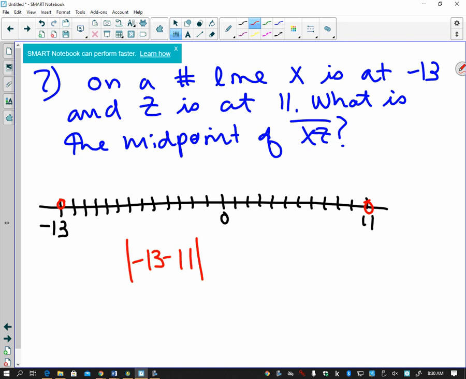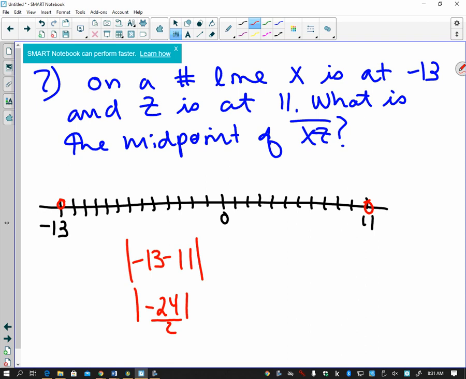Negative 13 minus 11, what is that? Negative 24. What's the absolute value of negative 24? 24. Does that work? Divide by 2. So you're dividing that by 2 and you're getting what? 12?